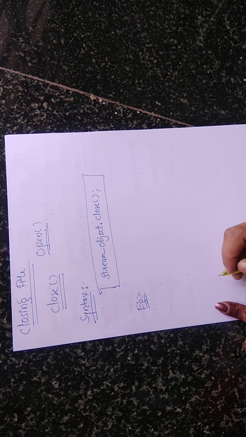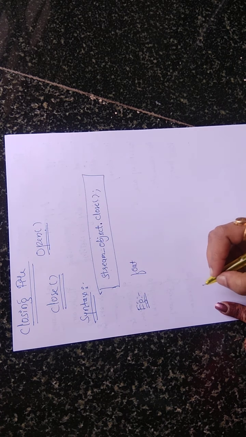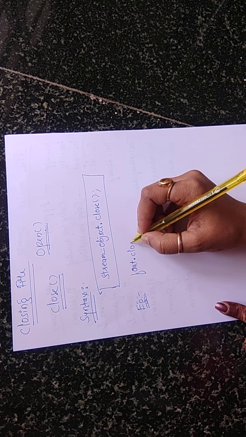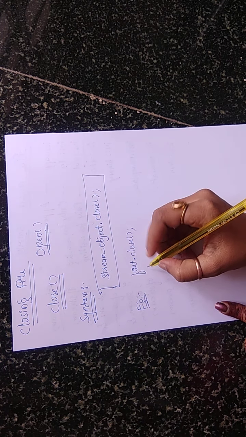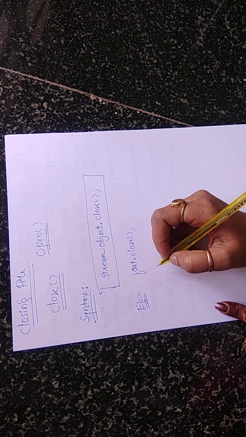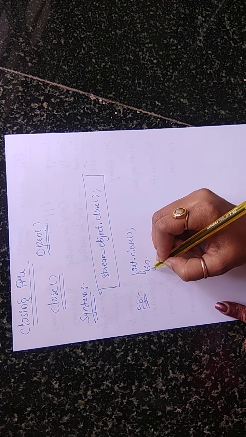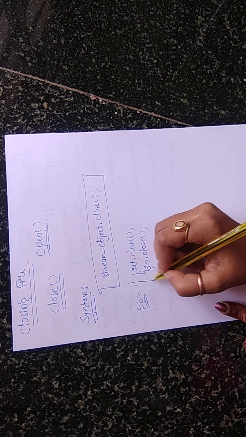For the first example, I'll use both the object of your ofstream class and ifstream class. For our ofstream class, we had created an object like fout. So I use the object fout dot close, and the file will be closed. Then for the object of the ifstream class, we had created it like fin, then dot close, and the file will be closed.